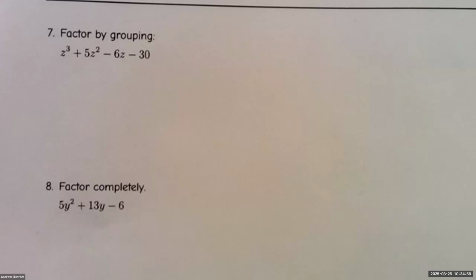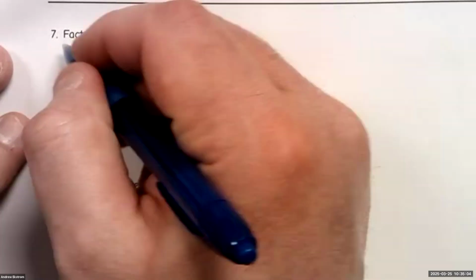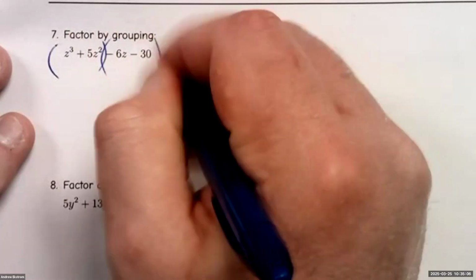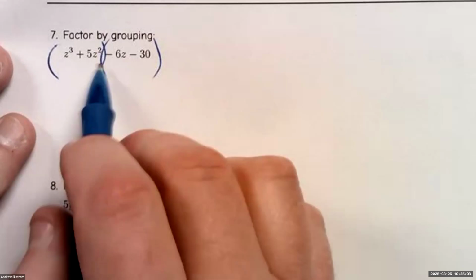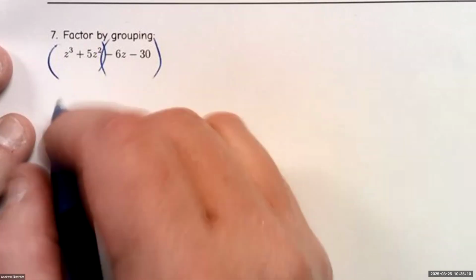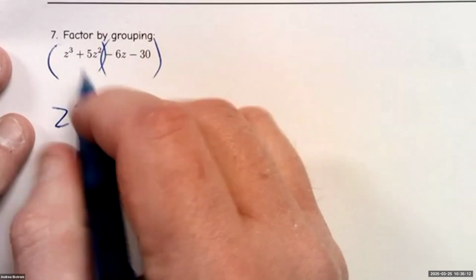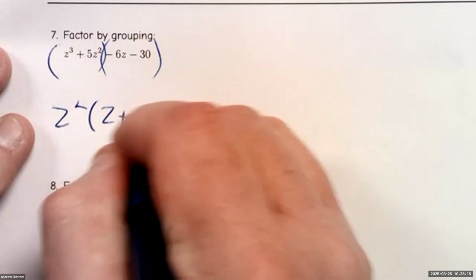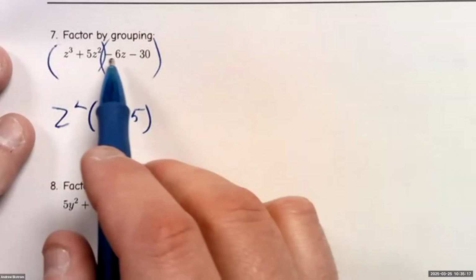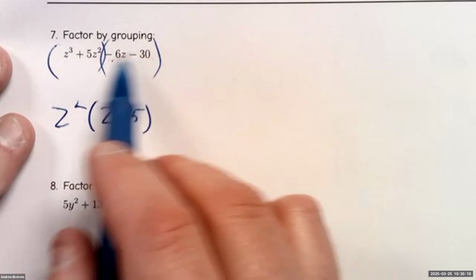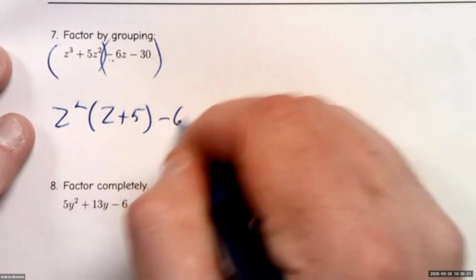For both of those, if you remember to do it as factor by grouping, what's the common theme in these two? z squared. What's left over? Z plus 5. What's the common factor in these two?